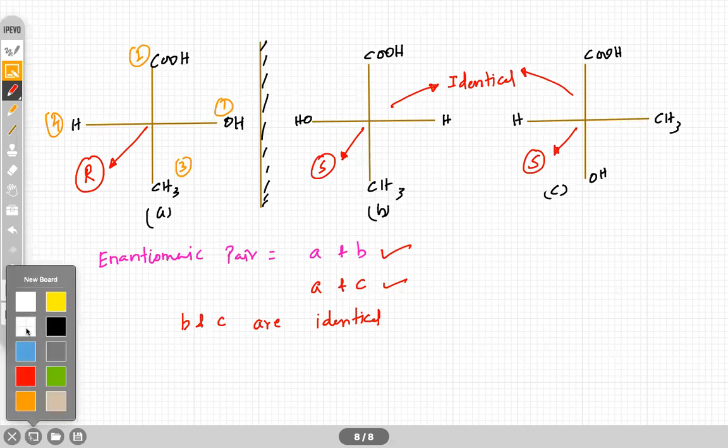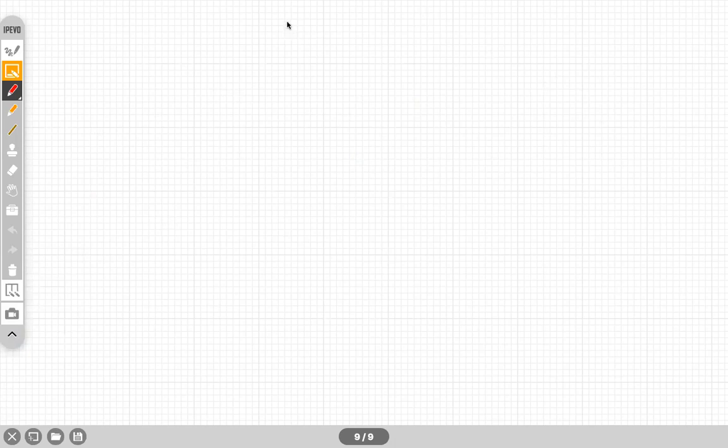Okay. So, you see one molecule here. There's one more term that we use. Consider this molecule.